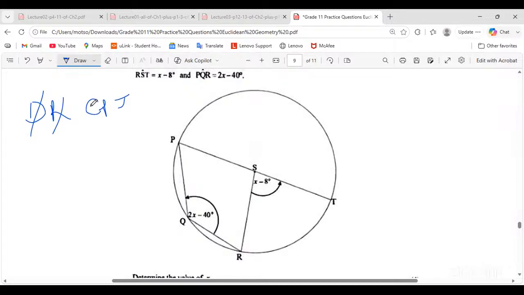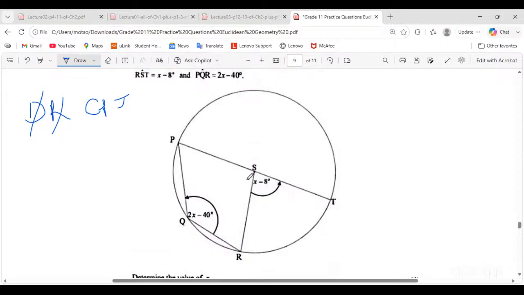C, cyclic quad. We don't have any cyclic quad. Someone might say this is a cyclic quad because it has 4 corners, but the mistake you would be making is that the fourth vertex of this quadrilateral is not on the circumference of the circle.